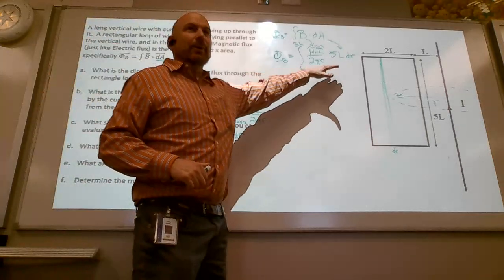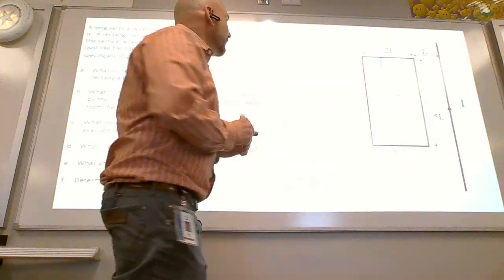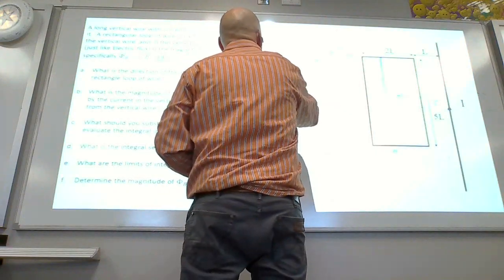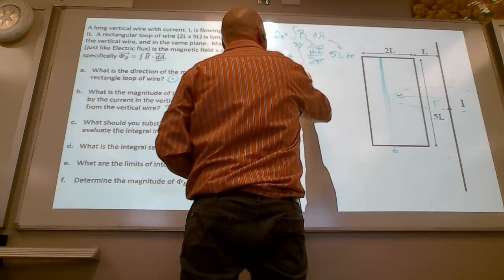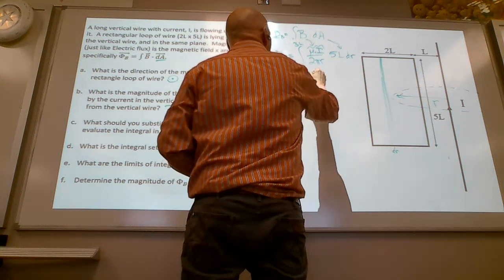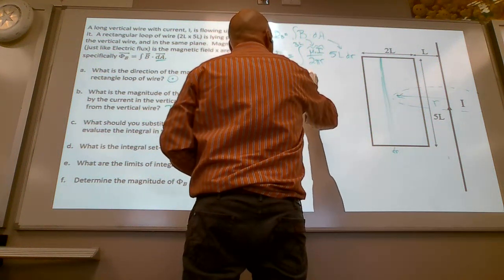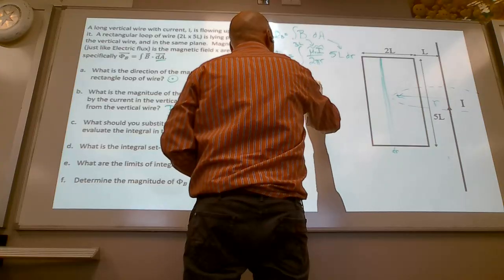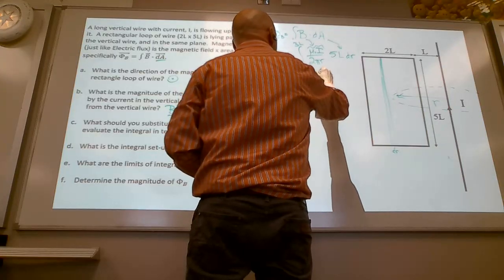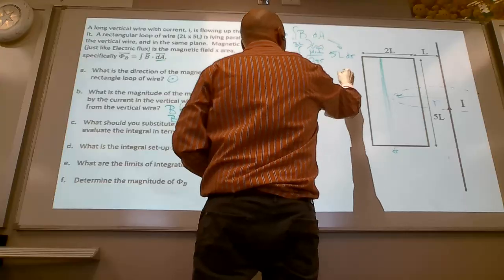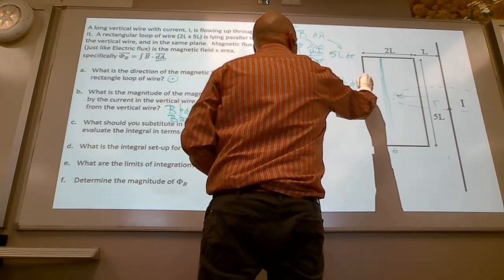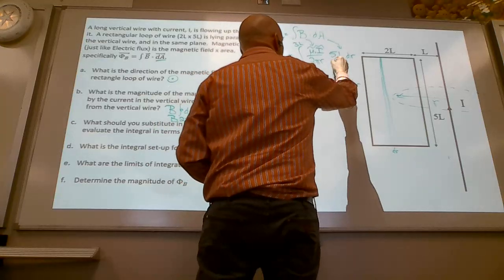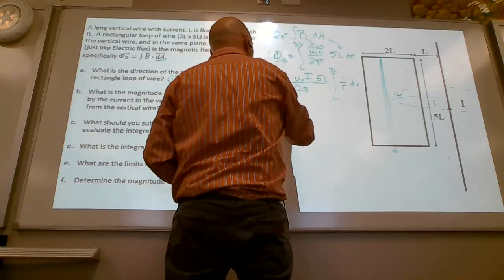So do we understand what we're doing here? Okay. So I'm going to pull out everything that's constant, and I just have 1 over R dr, from L to 3L.